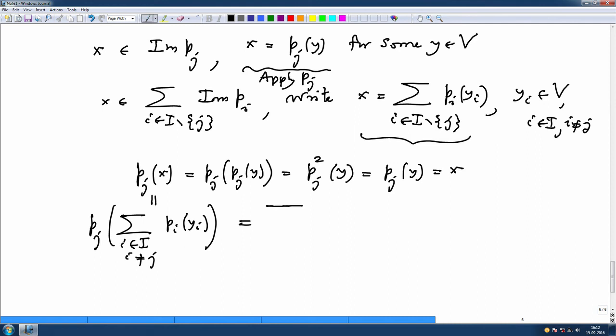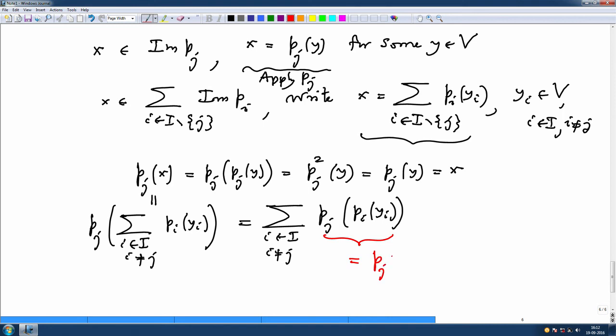So this is the same as the summation over i in I different from j of Pj of Pi of yi. I will rewrite this: by definition it is Pj composed with Pi, evaluated at yi.